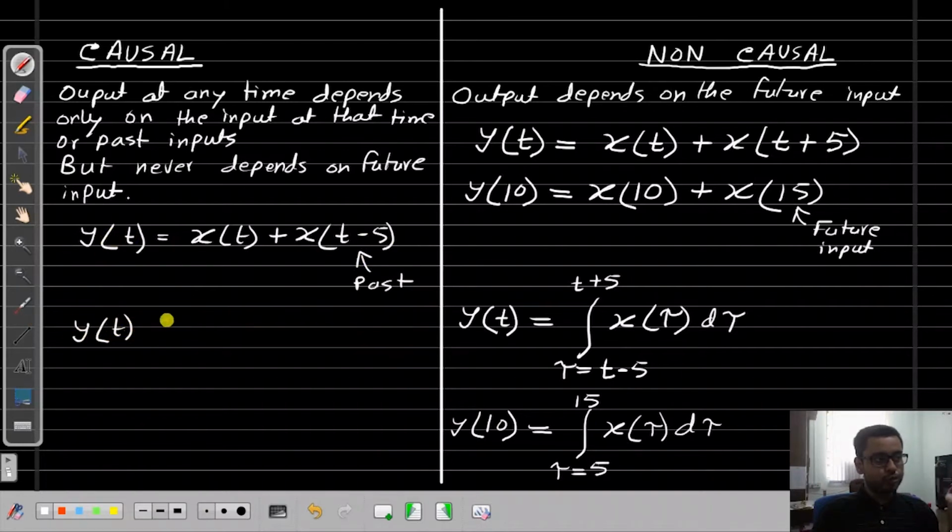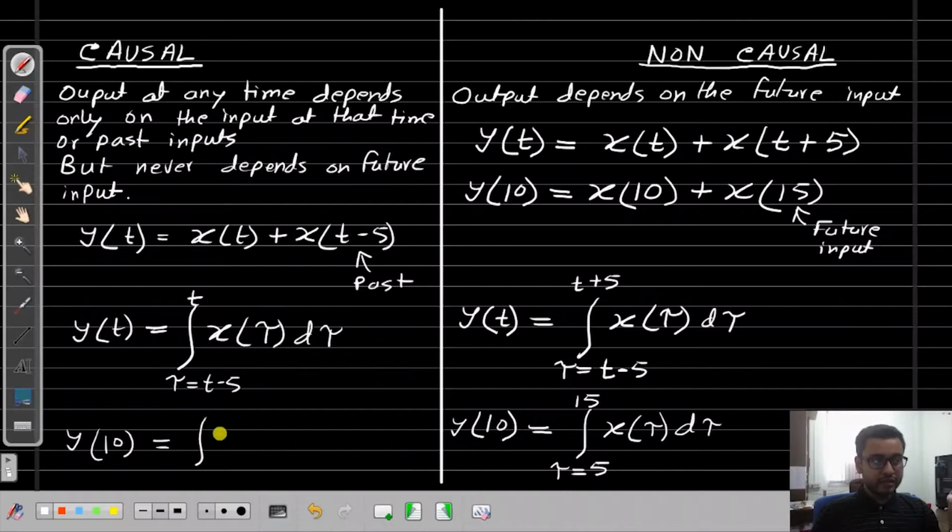Or maybe the output given by the integration of x of tau d tau, where tau runs from t minus 5 to t. Again, in this case, the output at time t equal to 10 will be the integration of the input running from time 5 up to 10. So it does not depend on the future. So this is called a causal system.